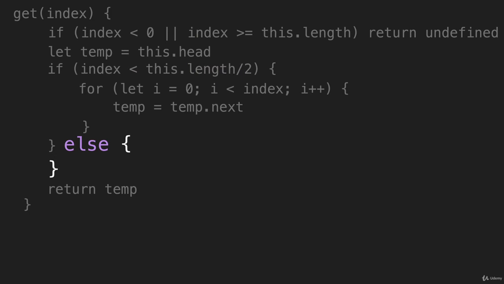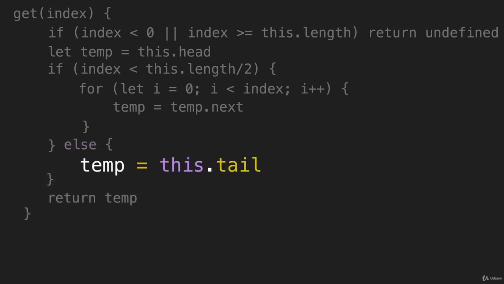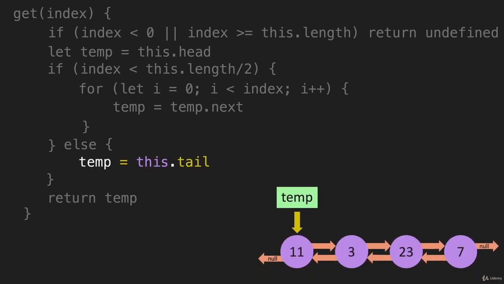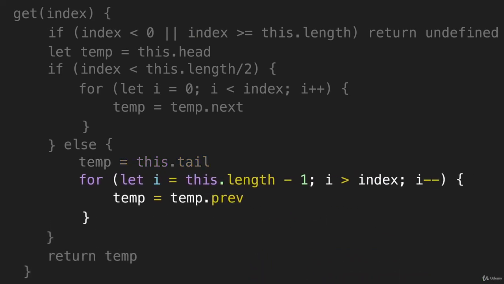Else, we want to create a different for loop that goes the other way. The first thing we have to do is say temp equals this.tail. And that's going to move temp to the other end of our linked list. Then we're going to have a for loop that is just the opposite of the one above.